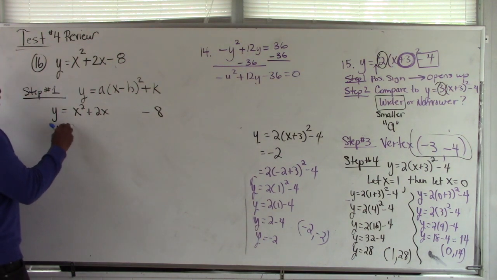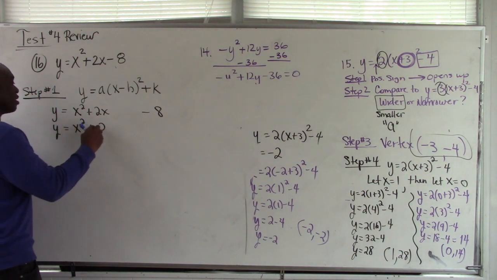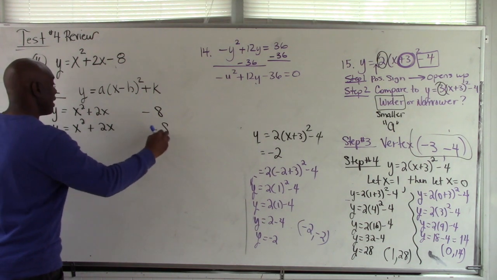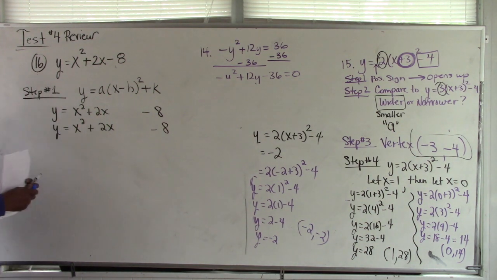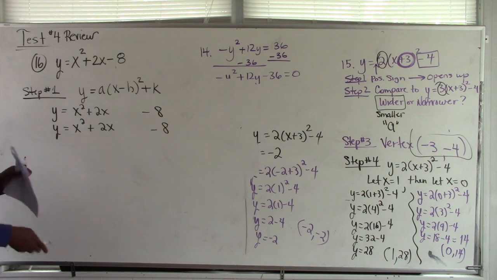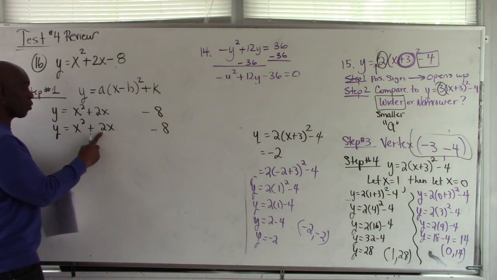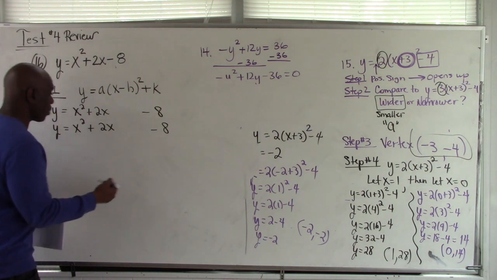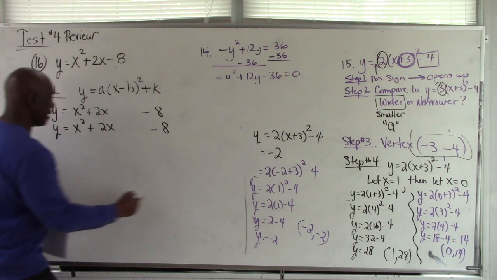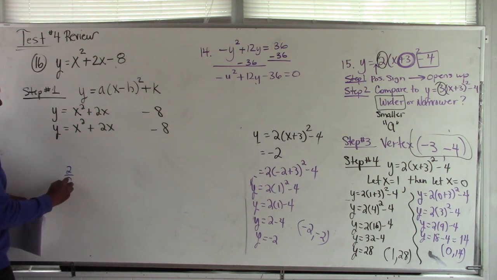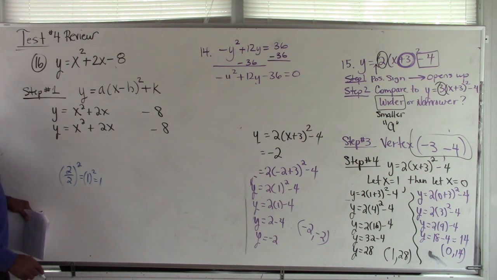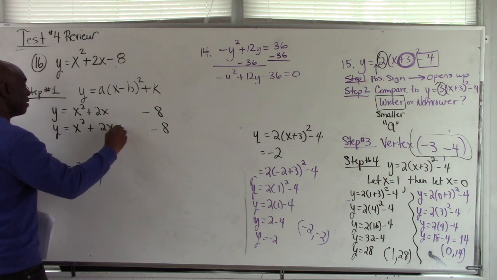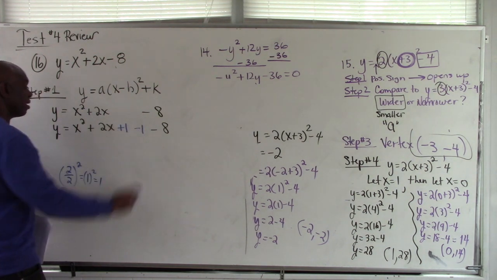And so y equals x squared plus 2x minus 8. I have to put something here. All right? So I need to take half of 2 and square it. Half of 2, and then square this. That's completing the square. That's going to give me 1 squared, which is 1. So I must add 1 and then subtract 1.